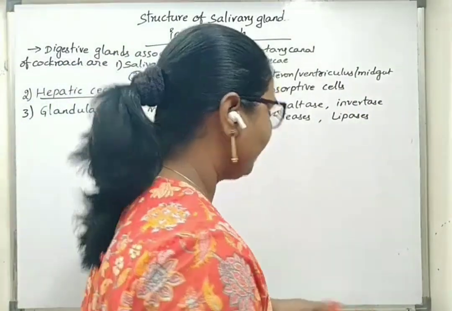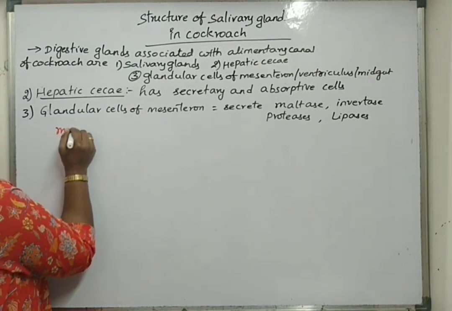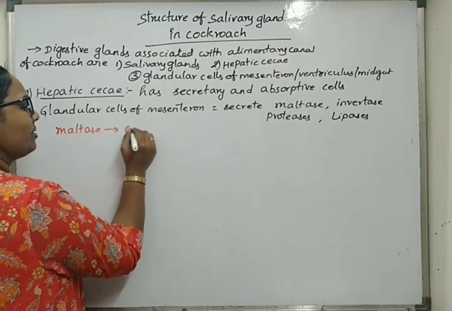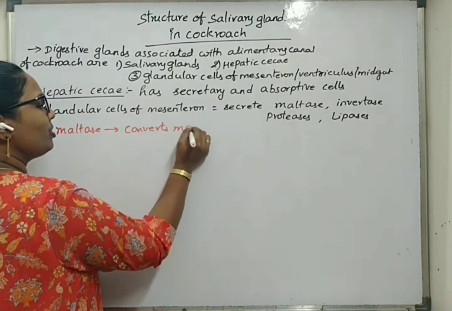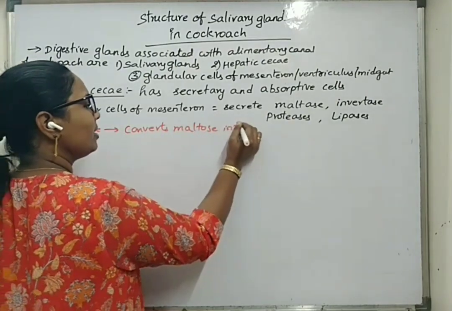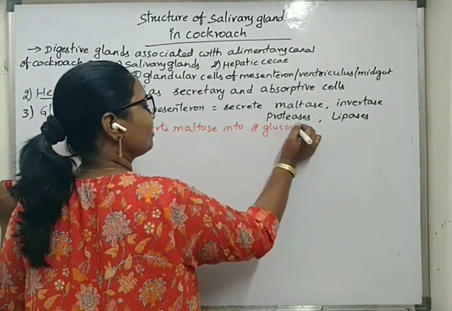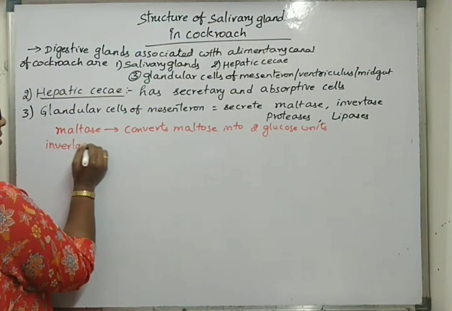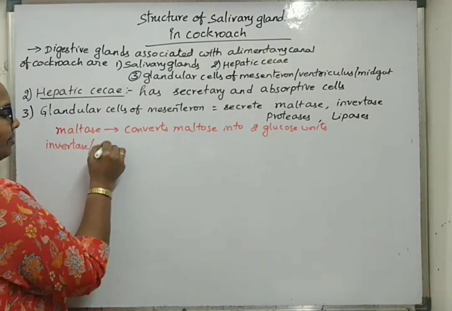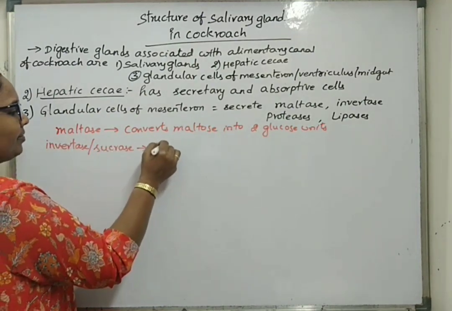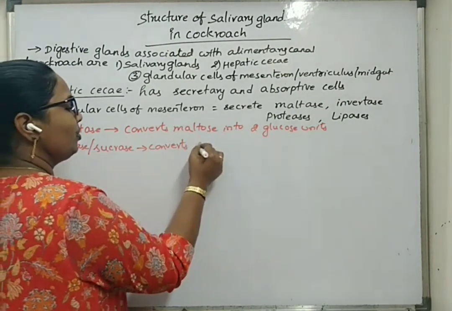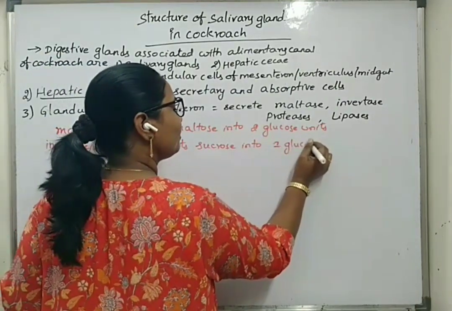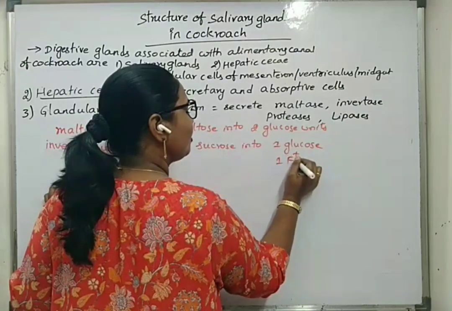First one, maltase converts or digests maltose into 2 glucose units. Invertase also called as sucrase. It converts sucrose into 1 glucose unit plus 1 fructose unit.